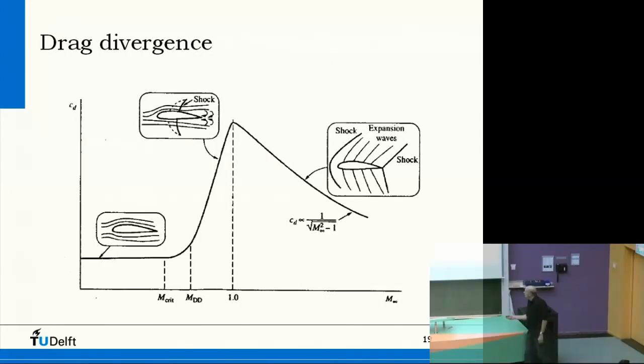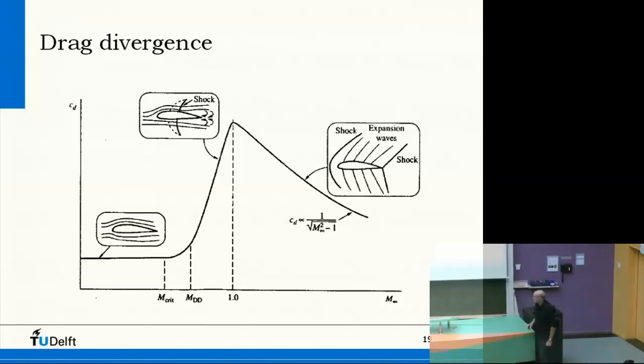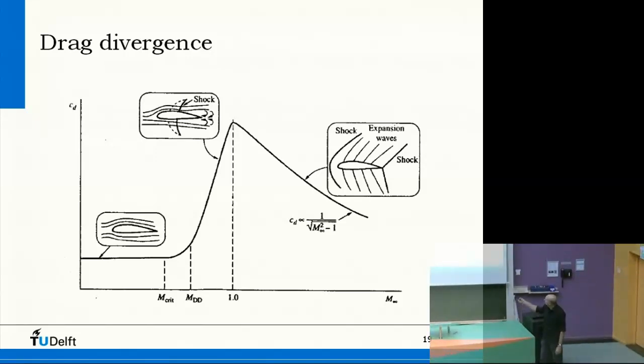Okay, so here we have the Mach number, and here we have the drag coefficient. Well, you see what happens is that here at low Mach numbers, there is a flow over the airfoil, nicely attached, and then we reach the critical Mach number here, so somewhere on the airfoil the Mach is 1, and then it takes some time, and then suddenly the CD increases rapidly.